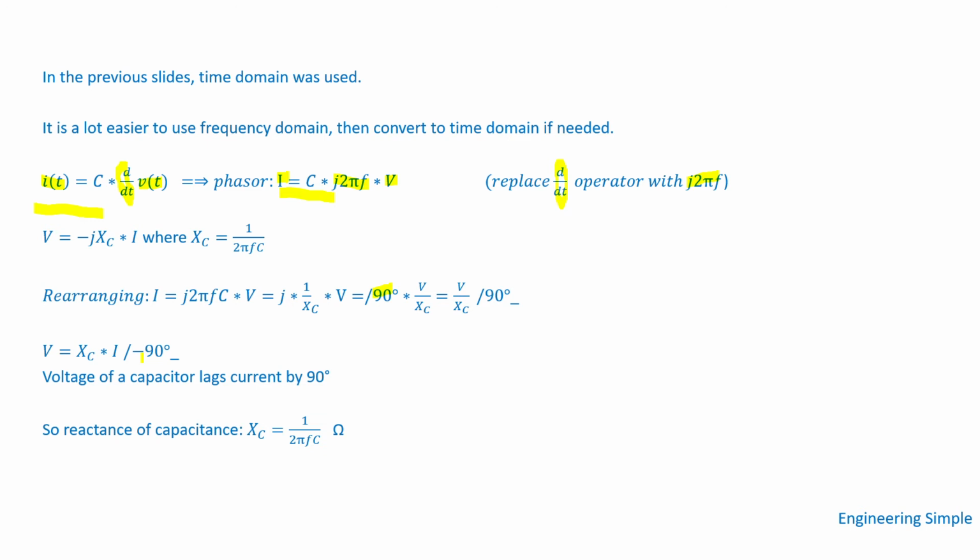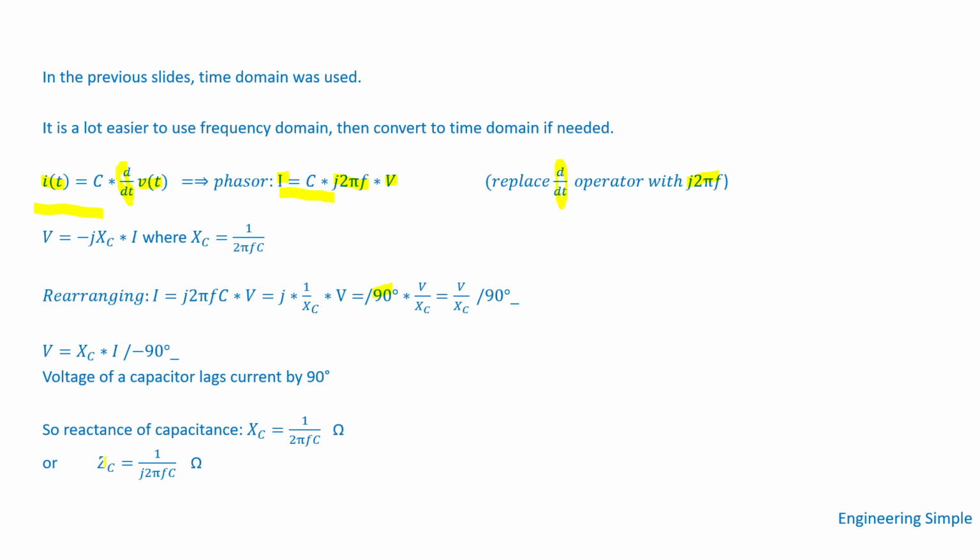So reactance of a capacitance is just 1 over 2 pi fC. And you can go back to this equation to see how I came up with this term. But if we assume this capacitor is a pure capacitor, that means there is no resistance.